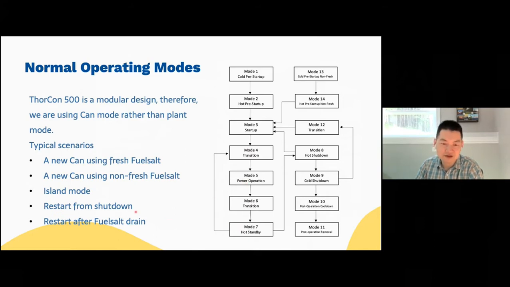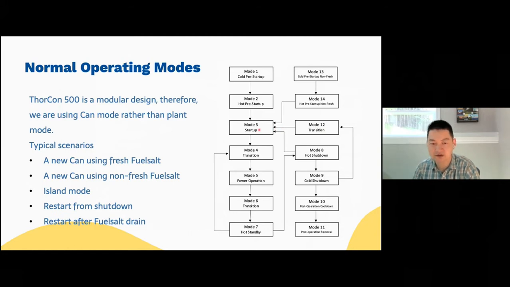And there are 2 other scenarios. One is restart from shutdown. So if you shut the can down to mode 8, you can restart it fairly easily back to 3. And you can even restart the can after you drain the fuel salt. So once you drain the fuel salt, you have to go through a transition mode, then you go back to mode 3.